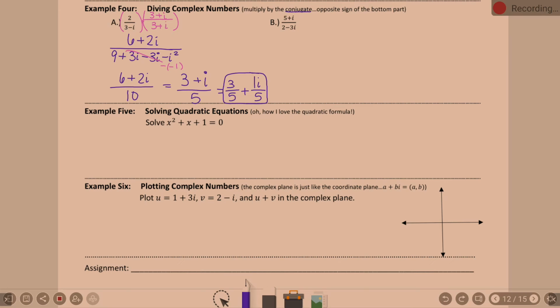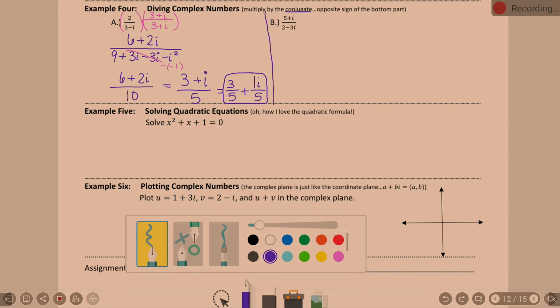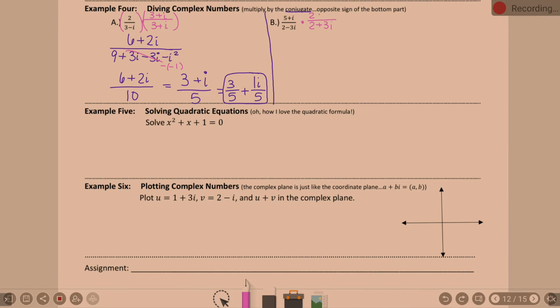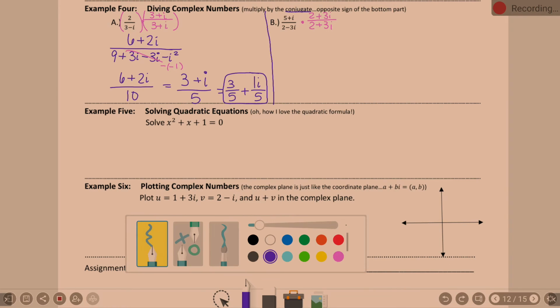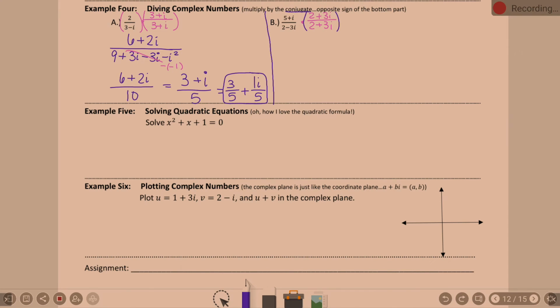Yeah. Okay. B. What are we doing on B? 5 over 2 plus 3i. Okay, got it. Conjugate of the denominator, so conjugate of 2 minus 3i is 2 plus 3i. What I do to the denominator, I'm doing to the numerator. So, this time on top and on bottom we have to FOIL.